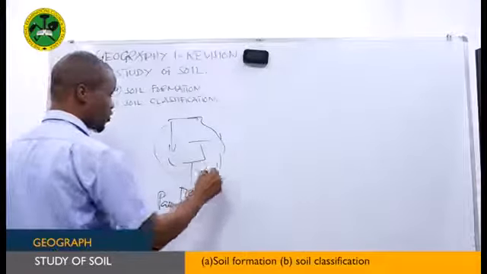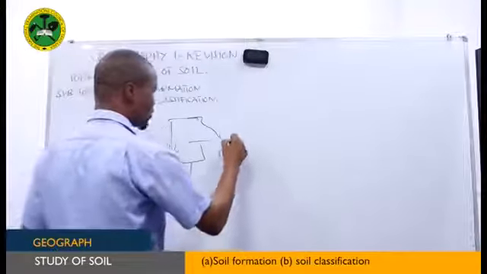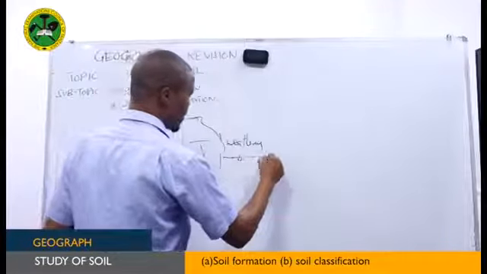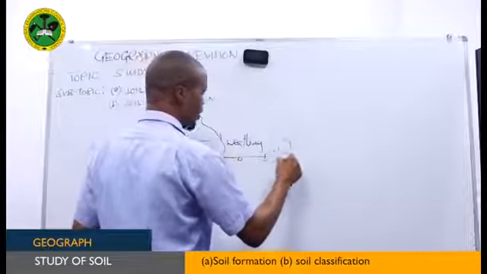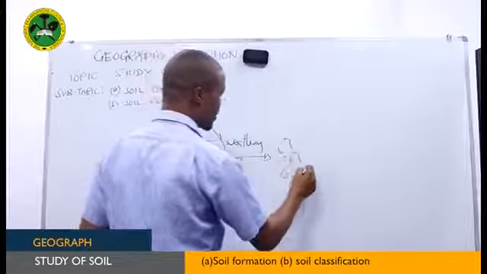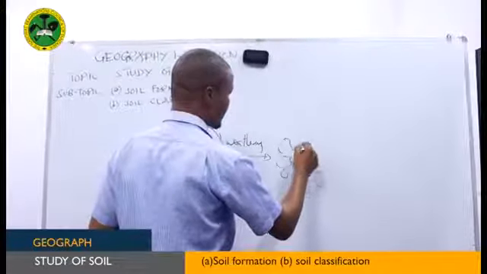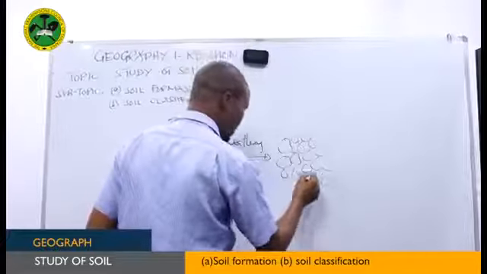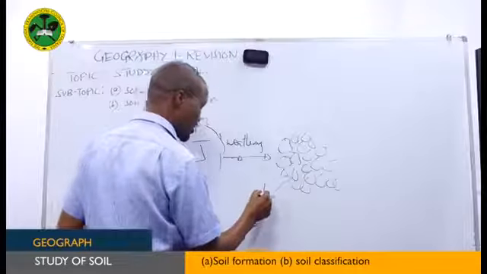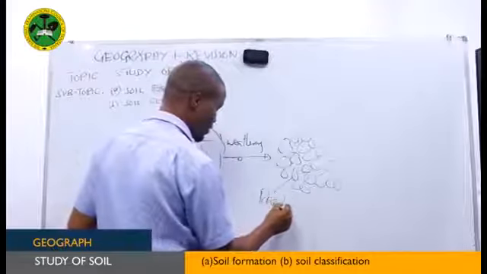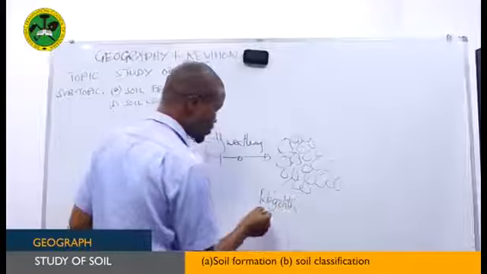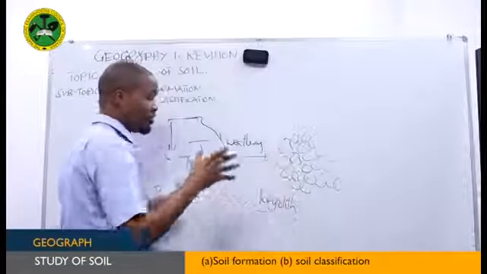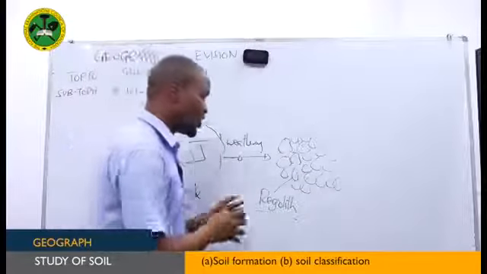So the parent rock has to undergo weathering, then it disintegrates into the smallest particles. The accumulation of these particles together we call regolith. So regolith is not soil. Regolith is the accumulation of different rock particles.